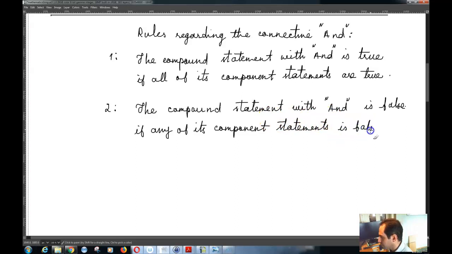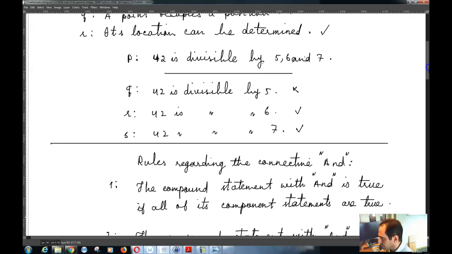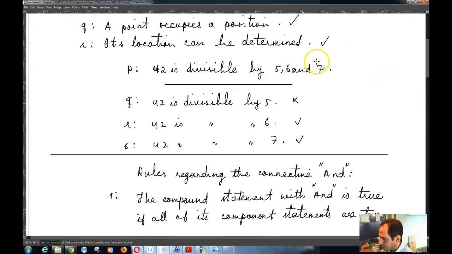For example, in this case, this component statement is false, and so the compound statement is false.